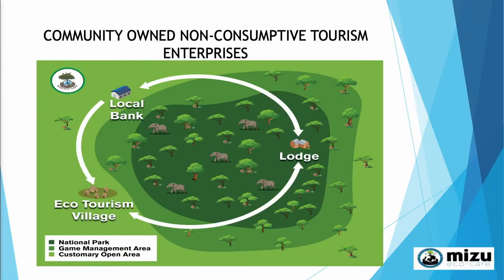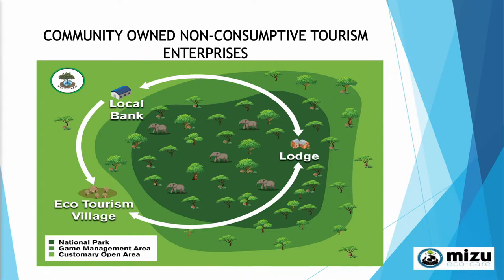So when you look at the ecotourism village, that could be in the customary open area or the GMA, we are now talking about the products of that soil, all that food, all the beverages that can be extracted from the food, all the byproducts from that food, which are now part of the culture of this community being exported to the world.